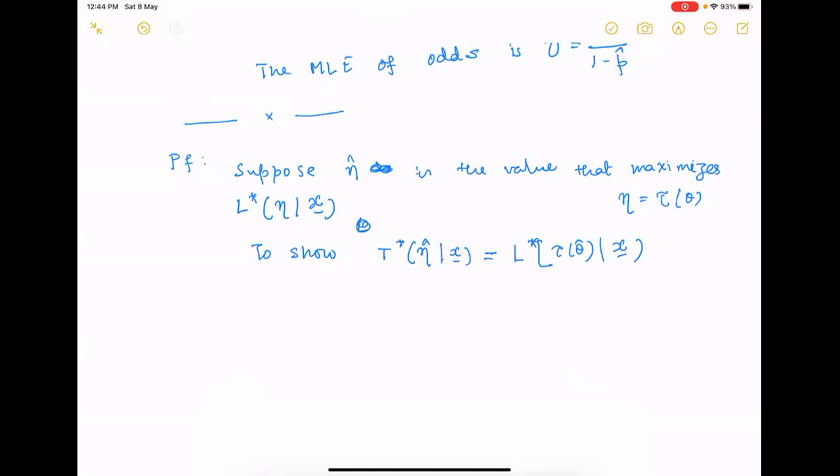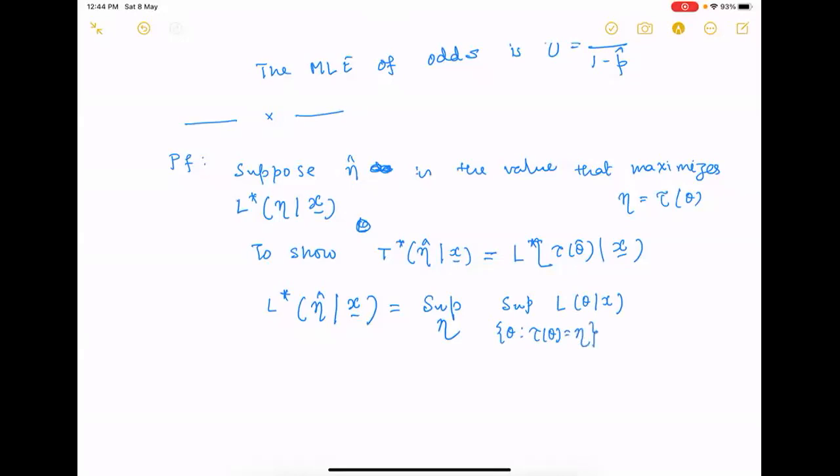So L star eta hat given x tilde, you can basically say this is a supremum over eta, where this is supremum over L theta given x, where tau theta equals eta.